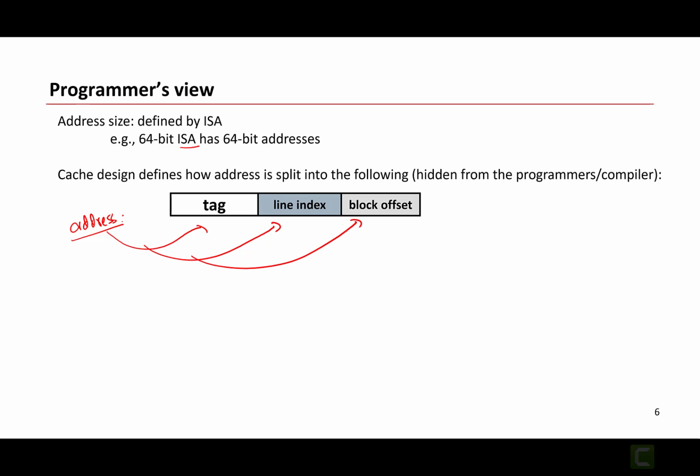That interpretation is specific to a cache design. And so it's a cache that takes the address and partitions it into those three fields. The details of how to do that are invisible to the programmer and the compiler, and they're not really part of the ISA. And that's why a cache design can vary from one processor implementation to another, even though they both may support the same ISA.